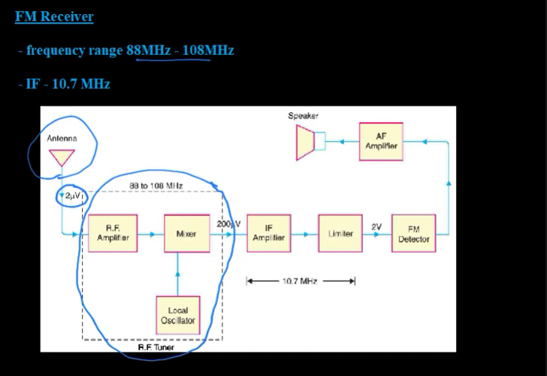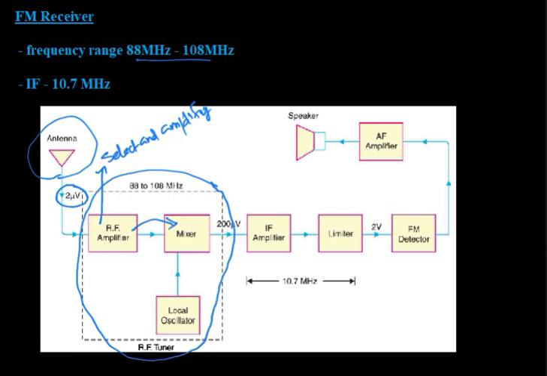The RF amplifier has a tuned circuit with a parallel LC network to select and amplify the radio waves received. The waves received by the antenna are given to the RF amplifier circuit, which selects the desired radio wave, amplifies it, and gives it to the mixer circuit.